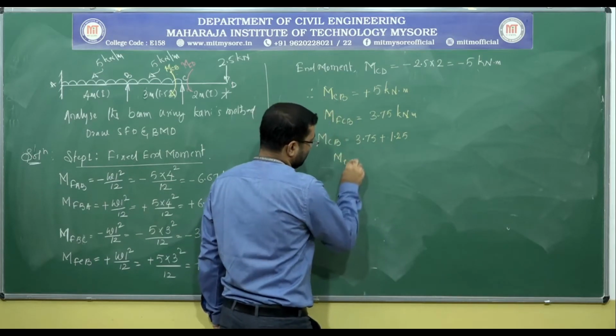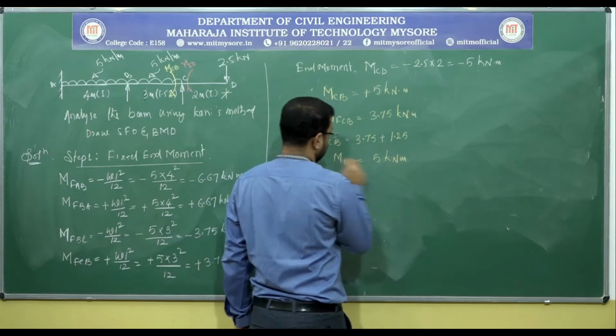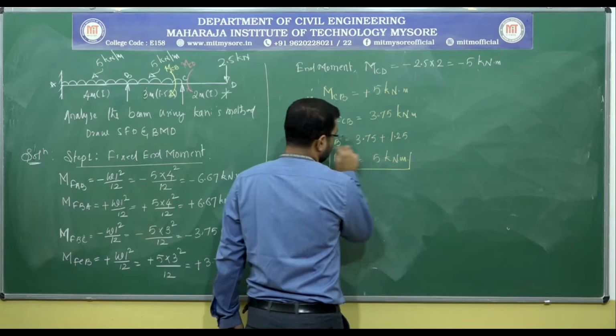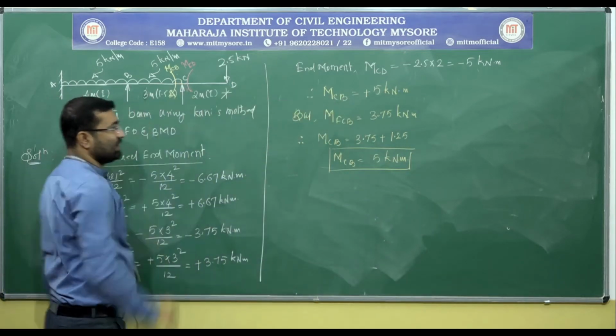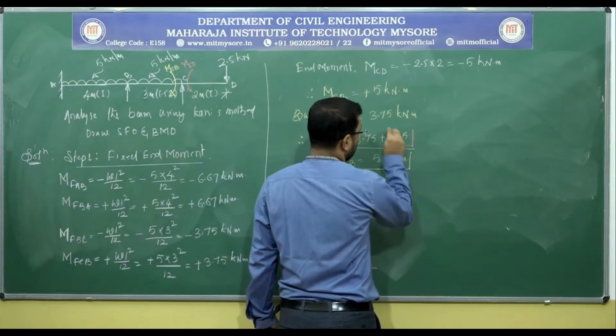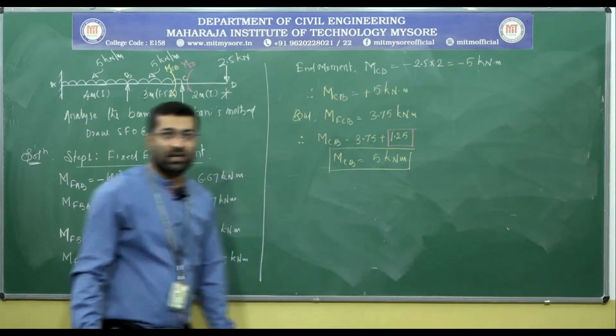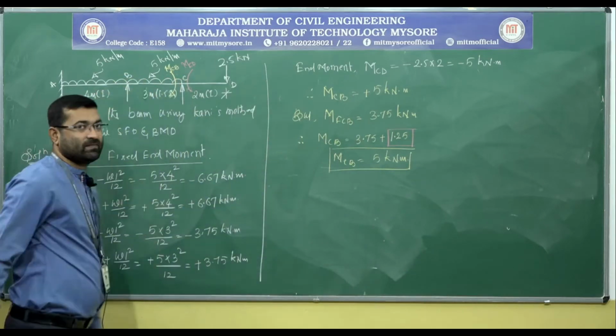So MCB becomes 5 kilonewton meter, right? So what I am doing is, to balance the joint C, I am adding this much additional moment on the span BC.